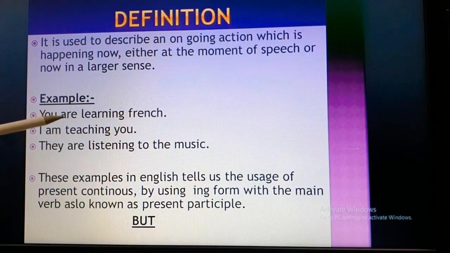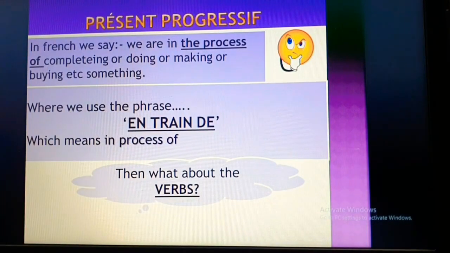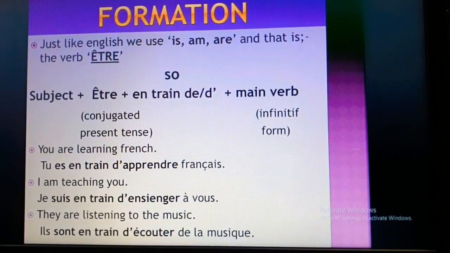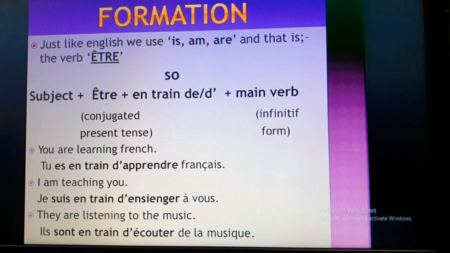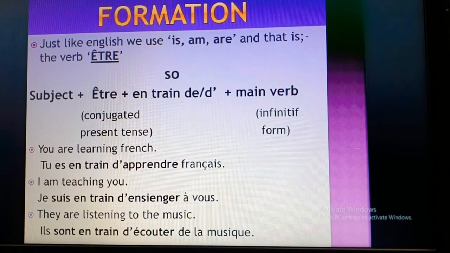Then what about the verb? We saw the être verb and the main verb like learning, teaching and listening. What about these verbs if we are not following the English pattern and we are having the phrase called en train de, which means in process of? So just like English, we use "is, am, are", and that is the verb être.